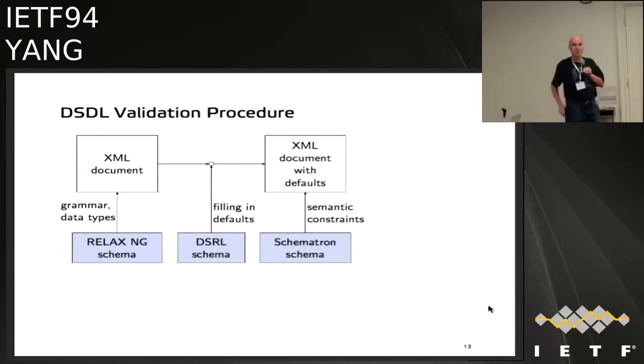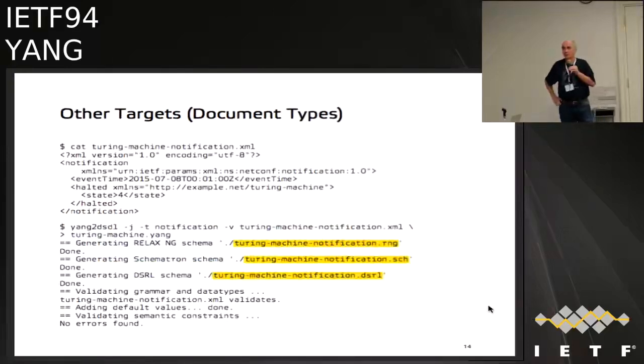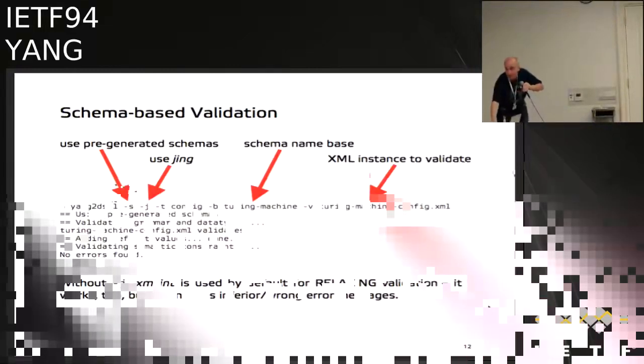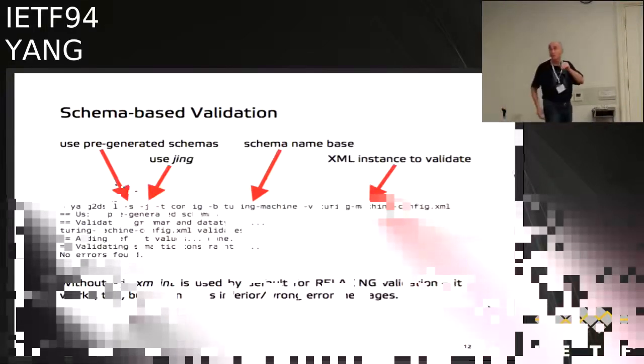And we can also then use the same procedure for validating other documents. What we did previously was validation of a configuration, here the config target, but we can use it for other document types, other instance documents.